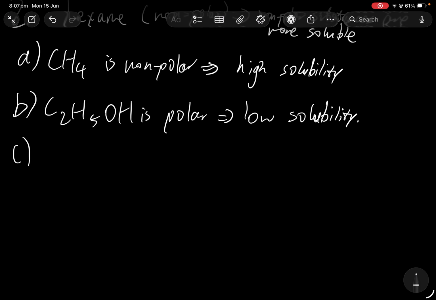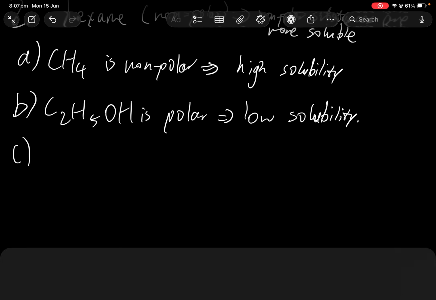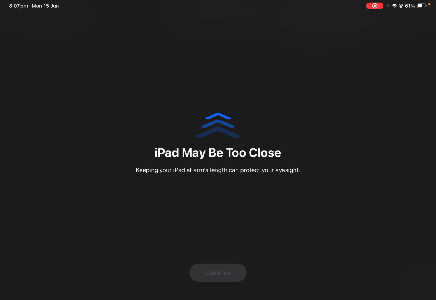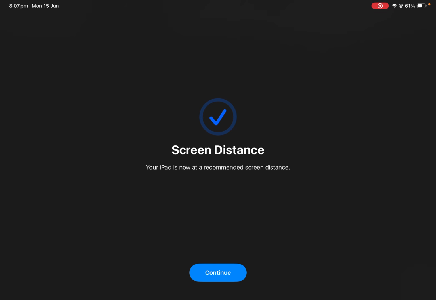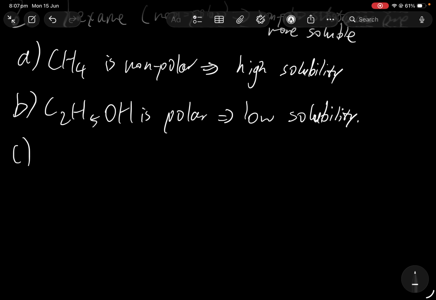For part C, we get ammonia. So NH3, right? Nitrogen has five valence electrons, and with three from hydrogen, there will still be two left on the nitrogen.